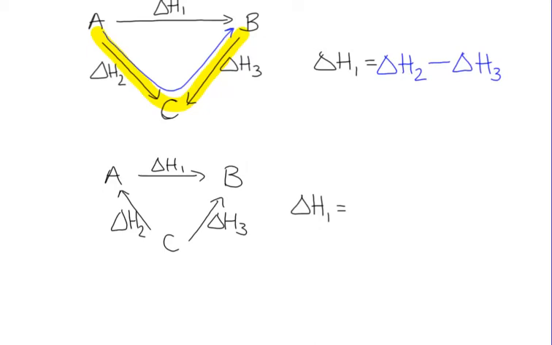So we put a minus sign in and we'll get the answer. So have a look at the next one. What do you reckon delta H1 equals? We're going against arrow 2, minus arrow 2, and then we're adding arrow 3. Some people might write that the other way around, 3 minus 2, just for neatness, but it doesn't make any difference.